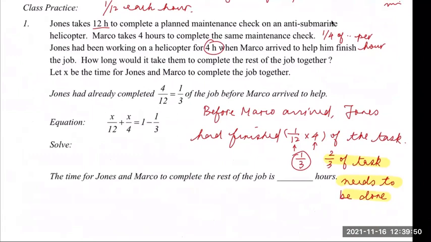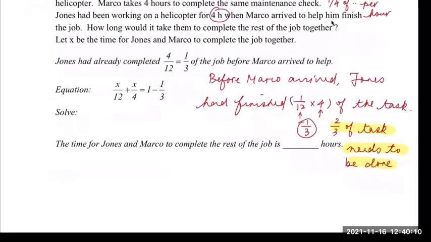So we can compute how many hours Jones and Marco would need if they worked together. When Jones was working alone, that part of the time should not be included in the time that they work together, right?